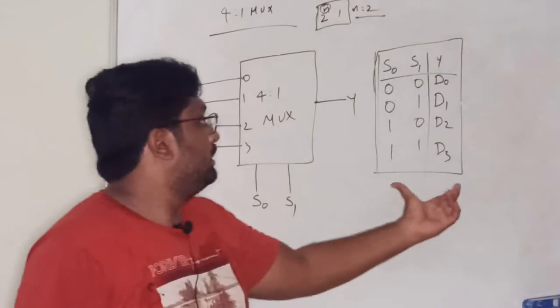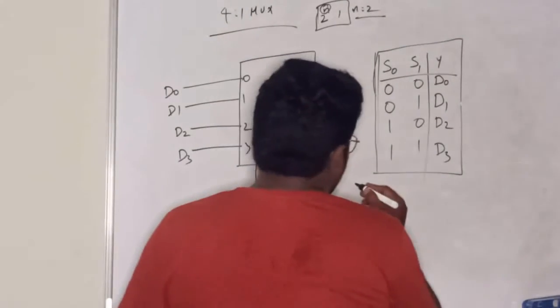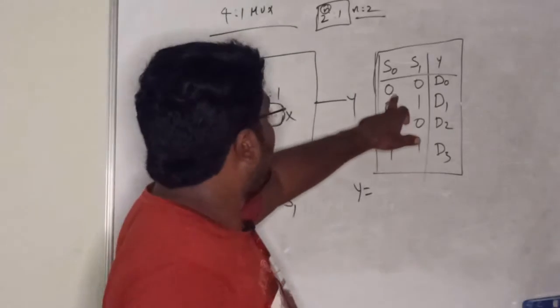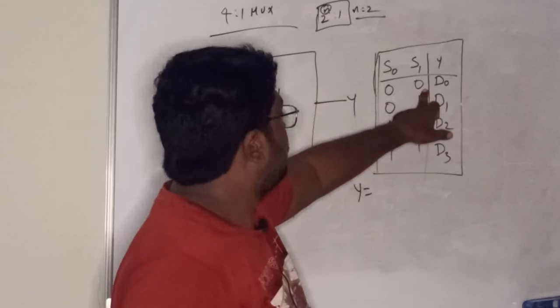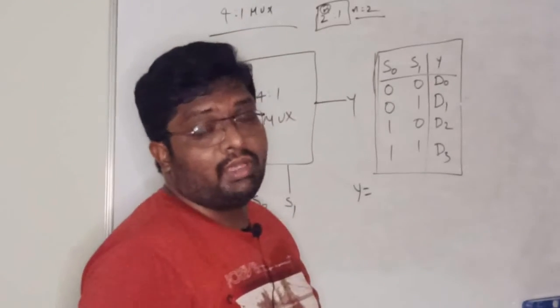From this truth table, we can write the expression. When S0 and S1 are zeros, the output Y is D0.